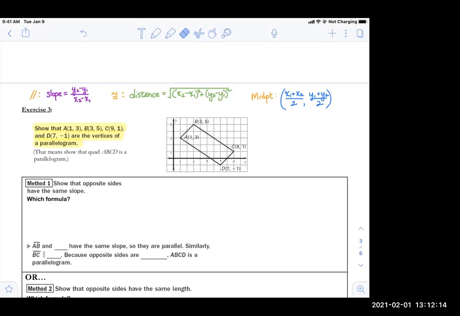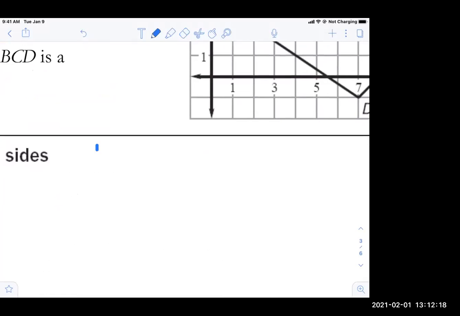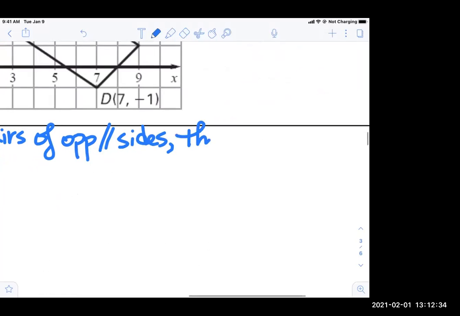That means we're using the rule that if a quad has two pairs of opposite parallel sides, then it's a parallelogram.